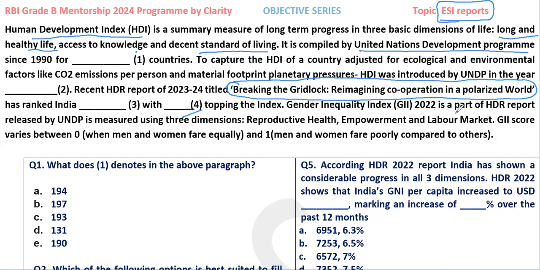Gender Inequality Index 2022 is a part of the HDR report by UNDP, measured under three dimensions: reproductive health, empowerment, and labor market. The GII score varies between 0 to 1, where 0 indicates that men and women fare equally, and 1 indicates that men and women fare poorly compared to the others.